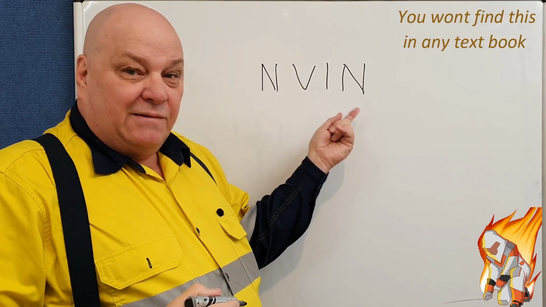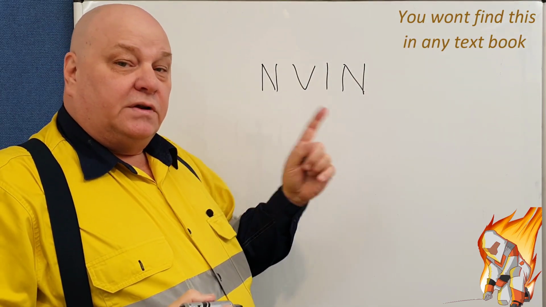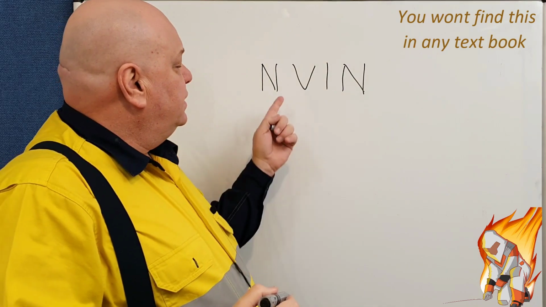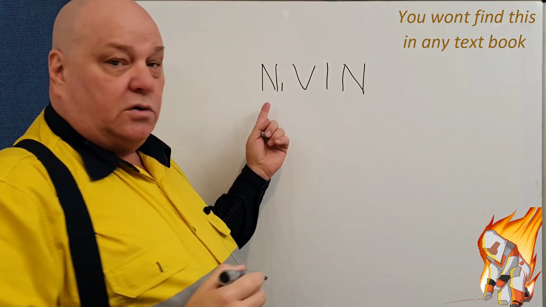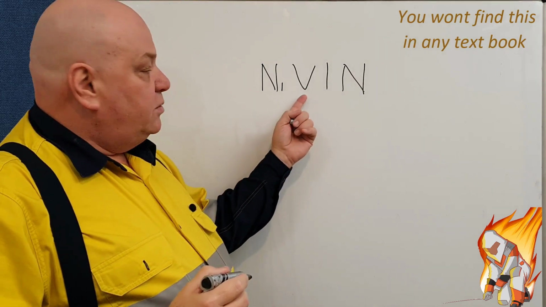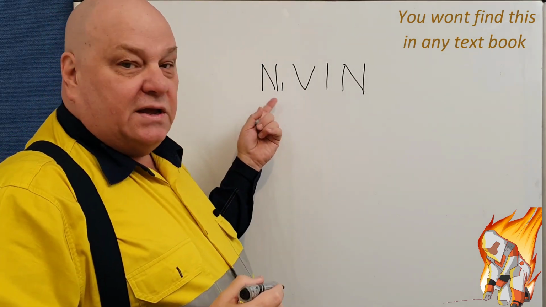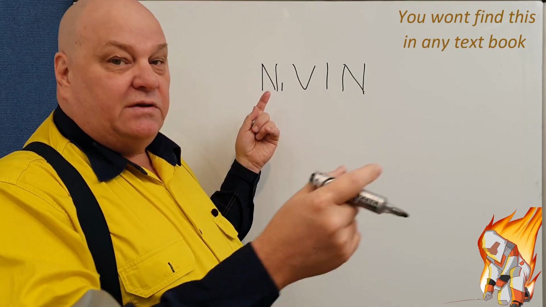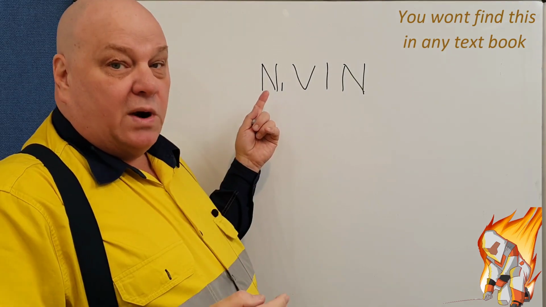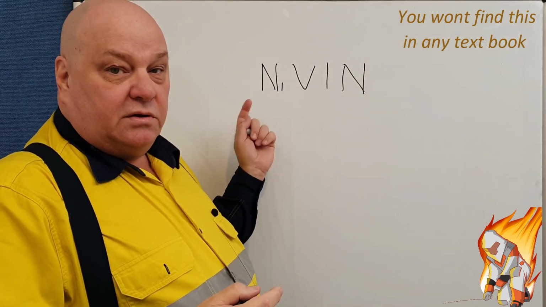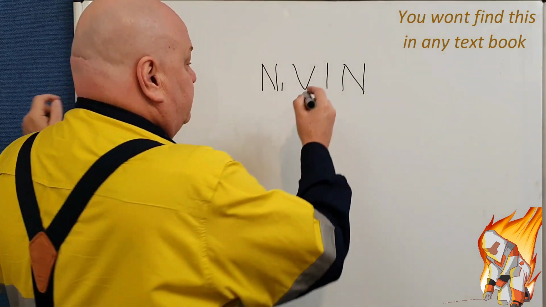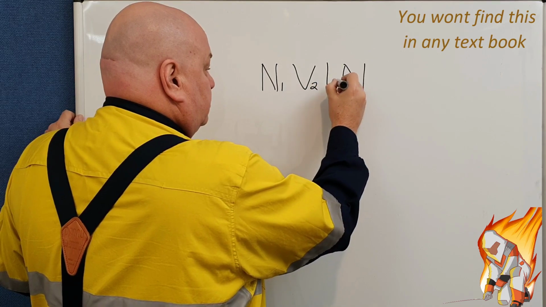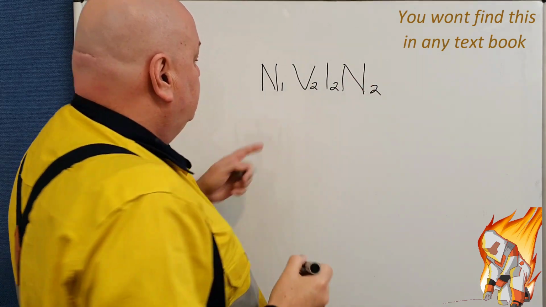So you spell it that way, you do it that way first off, and then what you've got to do is for the first N, you've got 1. Then you put 2 everything around the N1. So if we start with NVIN, N starts with number 1, and everything around it is 2. So here we've got VIN, that's 2, 2, 2.